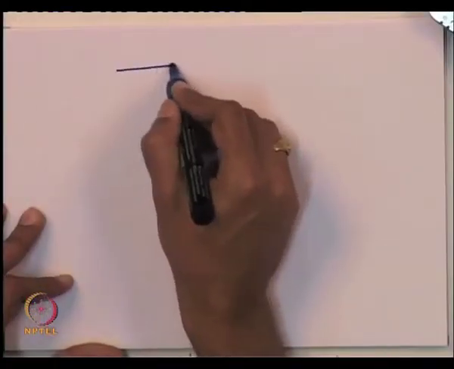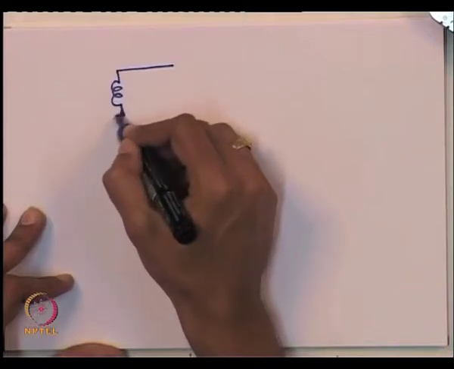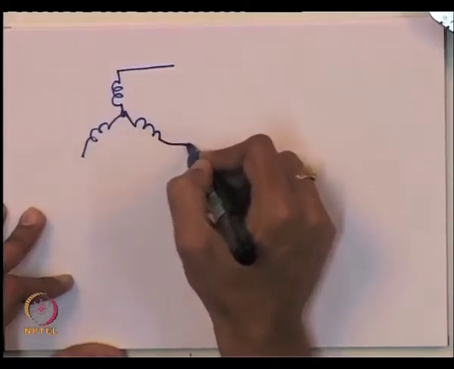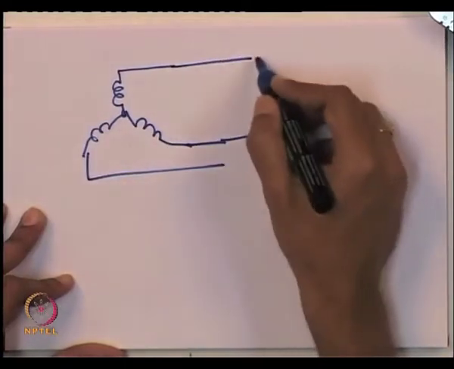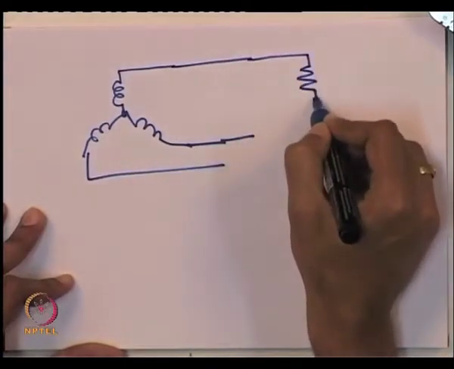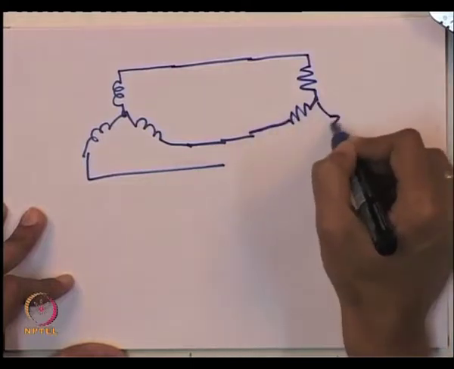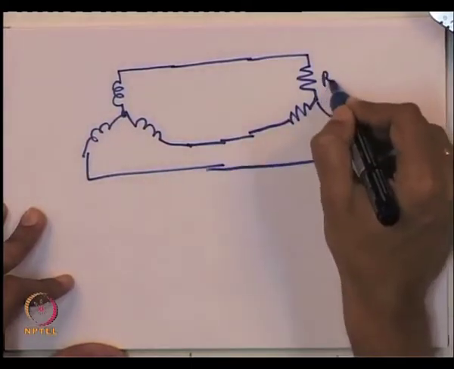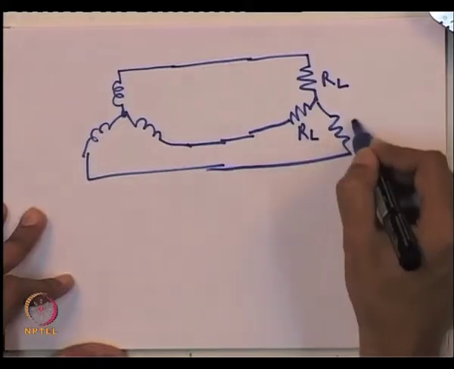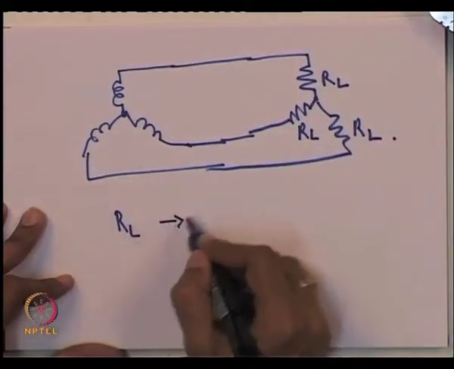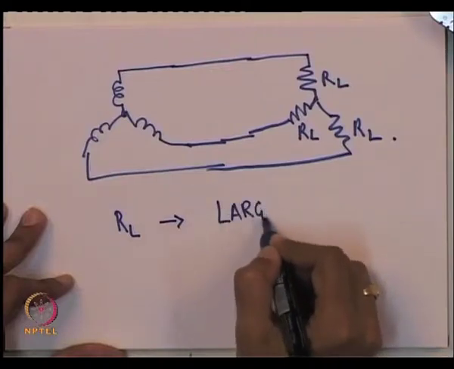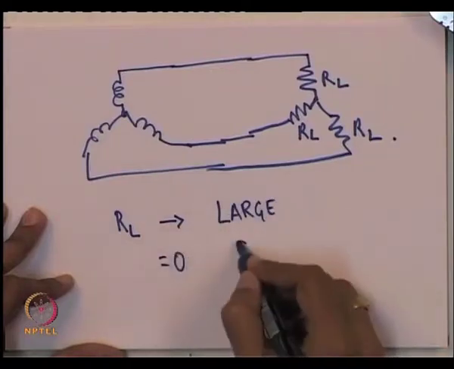So, let us consider a machine which is connected in star. The machine stator windings A, B, C are connected in star to a load resistance RL. Now, RL is very large under open circuit conditions and equal to 0 under short circuit conditions.